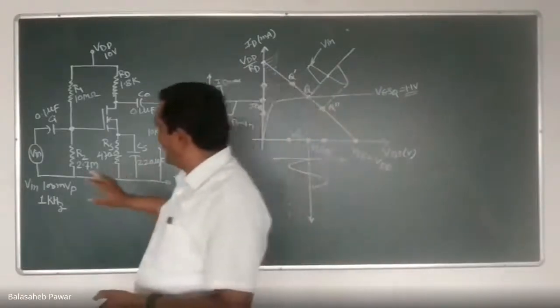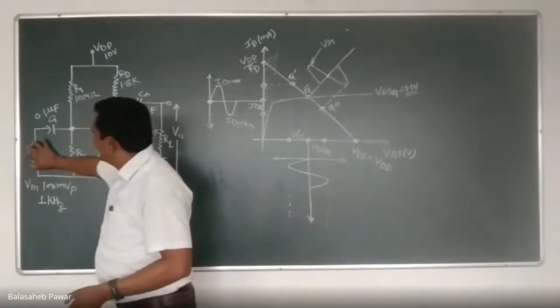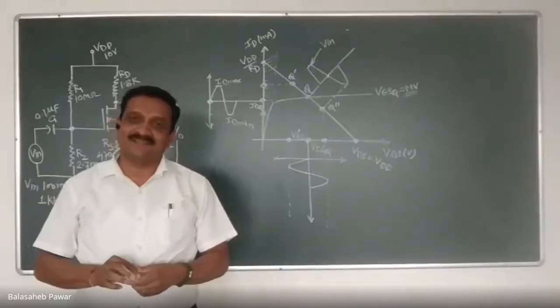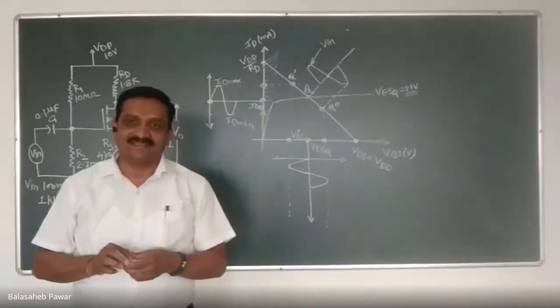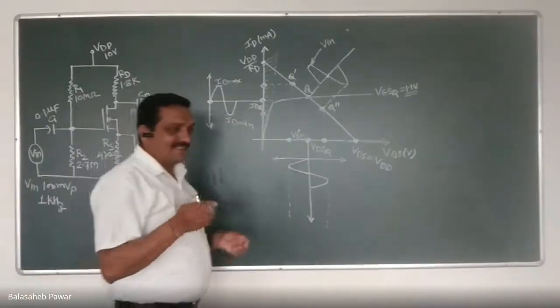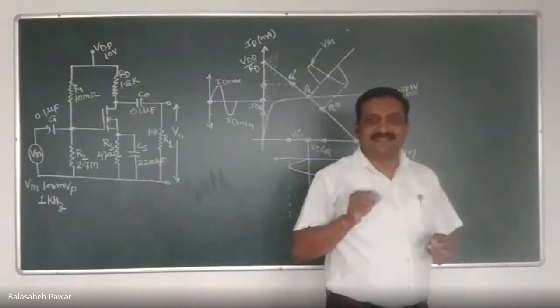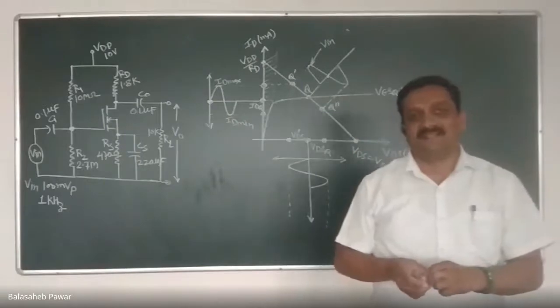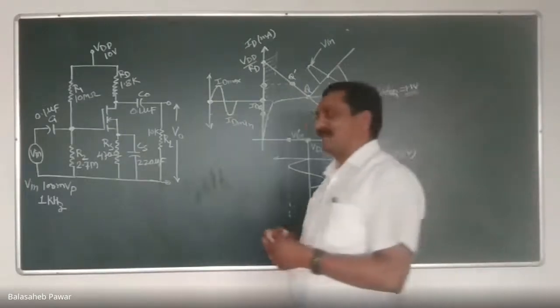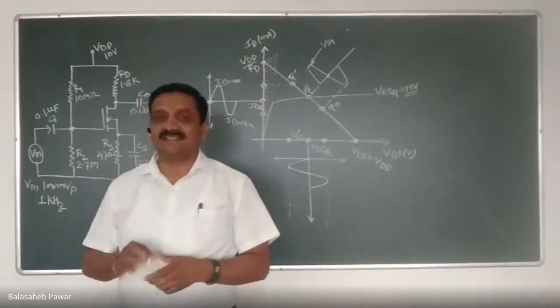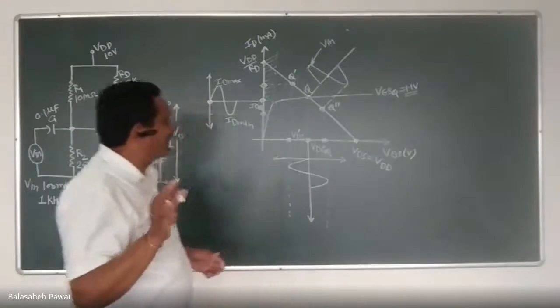Whenever input signal is at zero level, my question is, how much will be the value of ID, drain current? 0 or IDQ? IDQ. It will be IDQ, don't say 0.